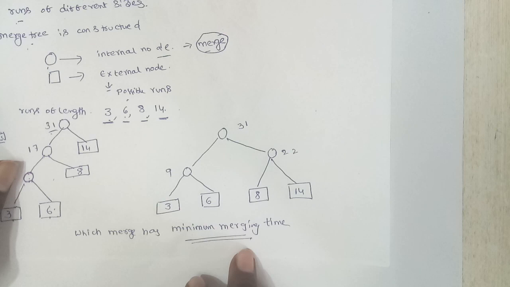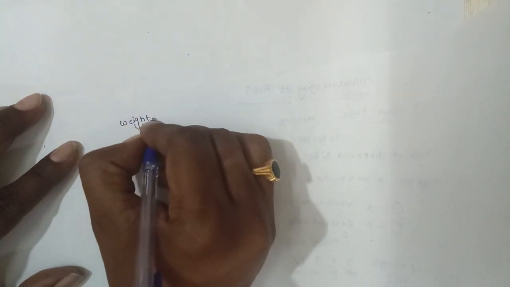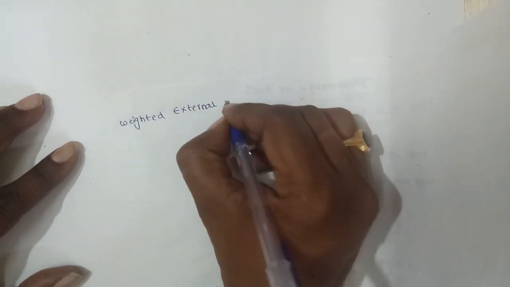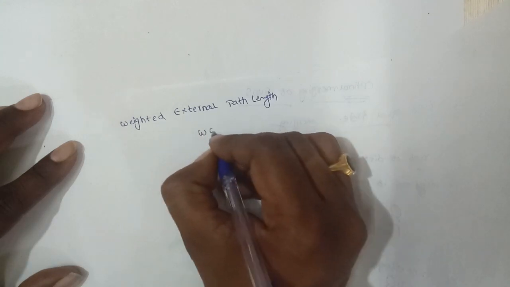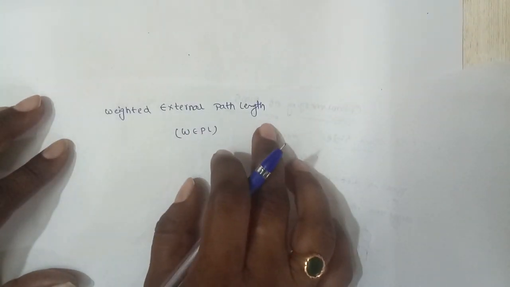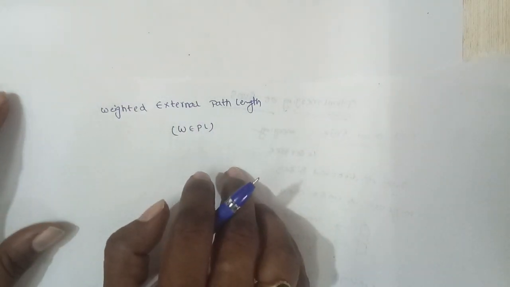How to identify the minimum merge time? By using the weighted external path length, WEPL. By using the weighted external path length, we identify the minimum time.